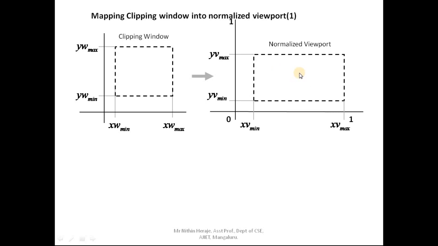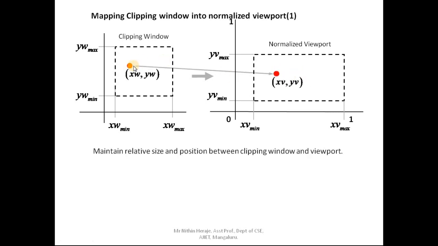This is the point that was inside the clipping window in the world coordinates. The point is xw comma yw, this particular point, and the same point you can see here also, which is xv comma yv. Here v stands for viewport, and x and y are the coordinates of this particular position.